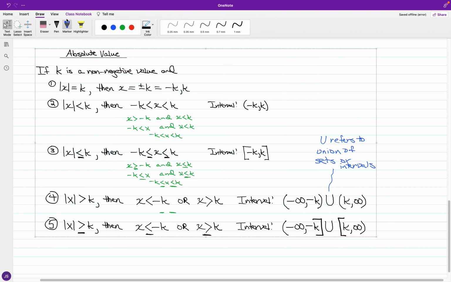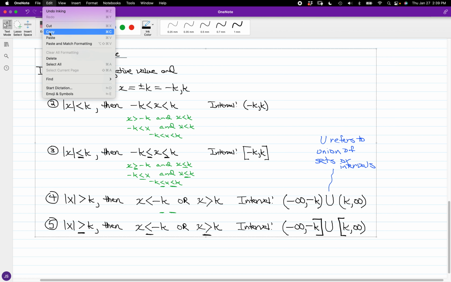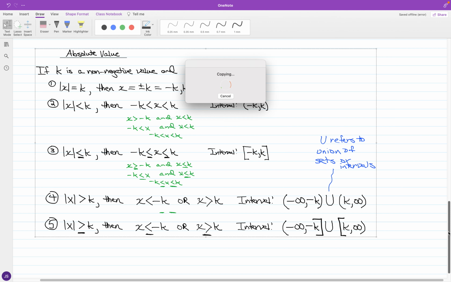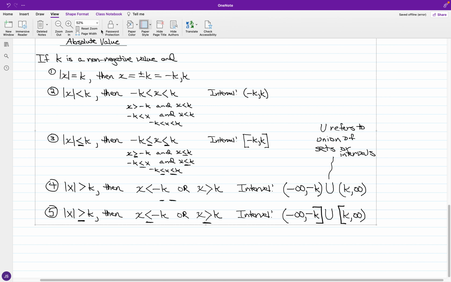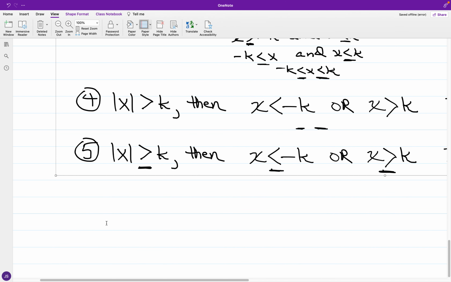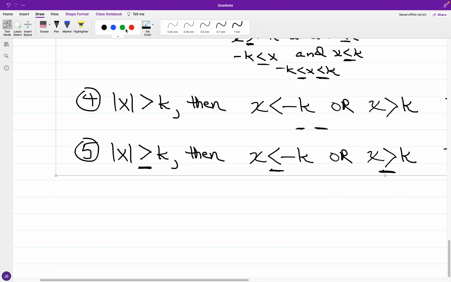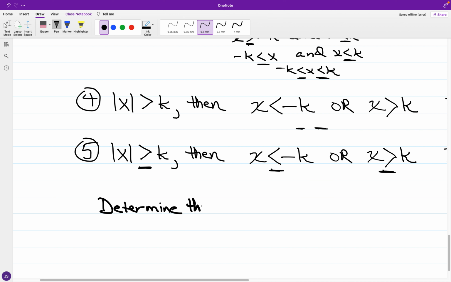Okay, and just kind of draw up some inequalities that involve absolute value terms. And let's say that if we have, just determine the interval solution of the following.